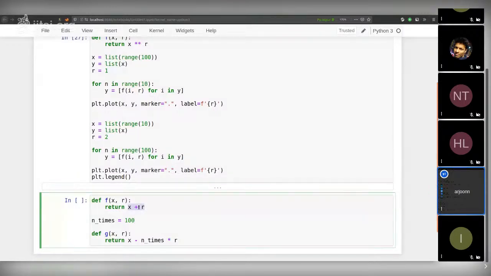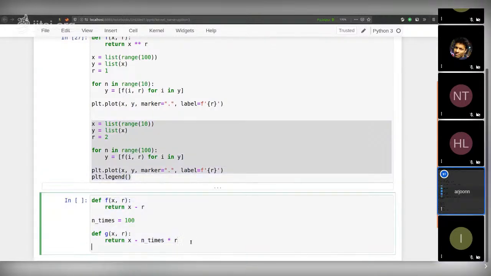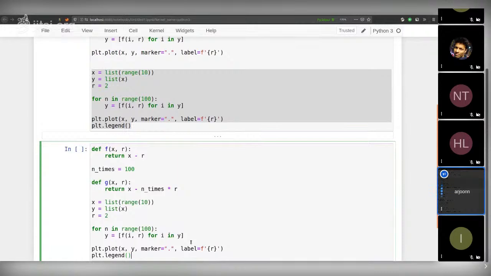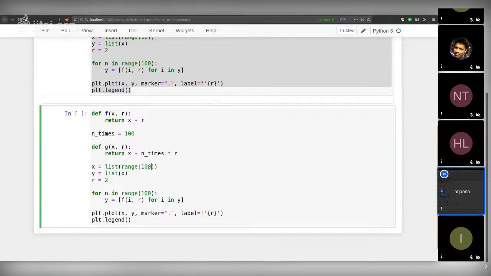So there is a final function which will directly give you the answer to whatever this thing is doing, right? And when we plot that and see, that's exactly what we get. Because you take a list of 100 numbers and then you say subtract 1 from it, right? R is 1. And then you apply it n times, right? You get this thing.